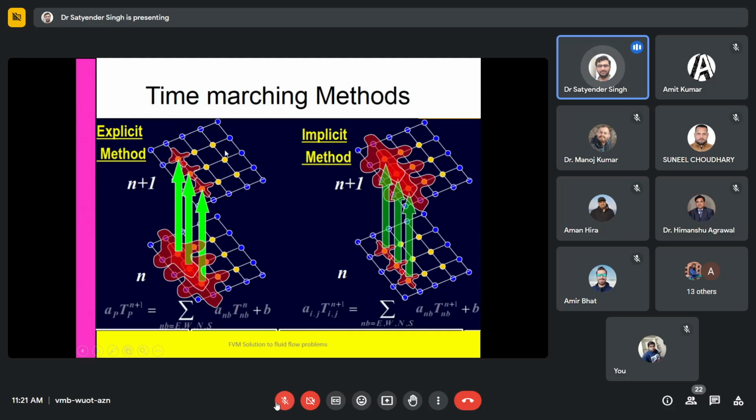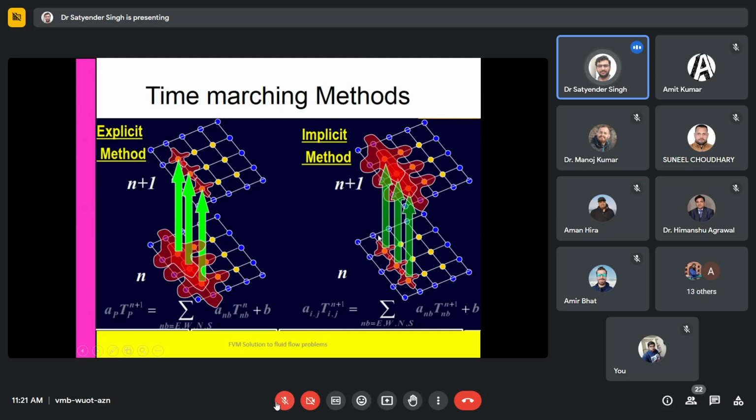One by one, we obtain the value at each grid by involving 5 values at the previous time step. So this method is very highly accurate because one by one we are obtaining the value at each individual grid.